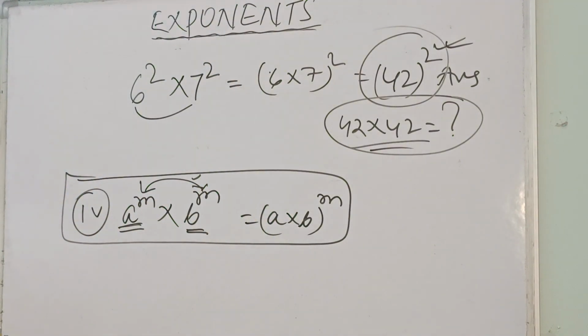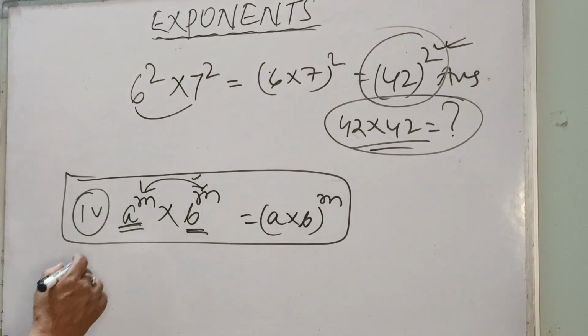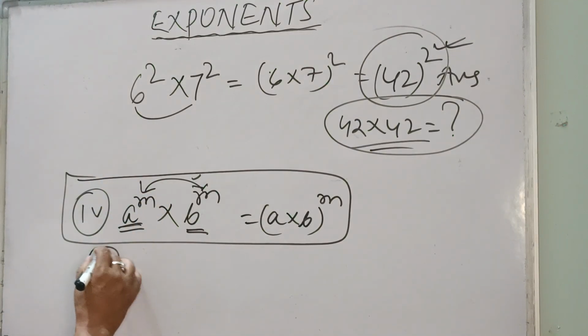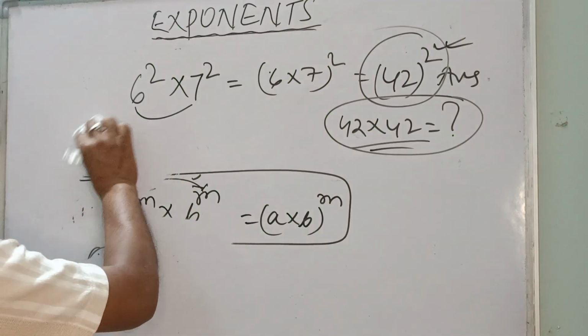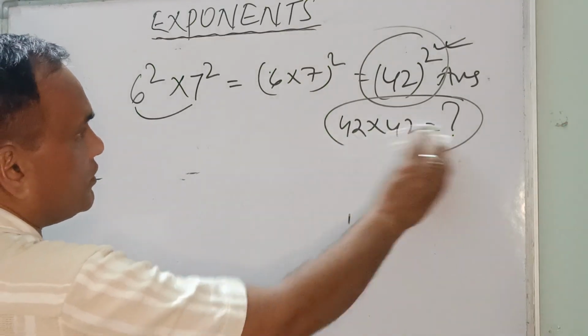Now we'll take another example in this question. How can we solve that? We have discussed the law. And another thing you can write, that is a to the power 0.